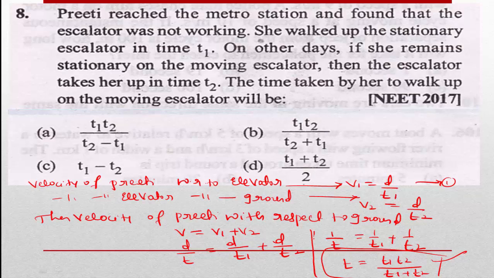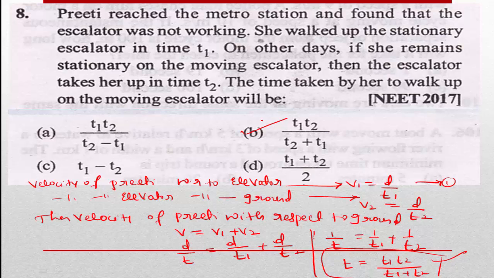When we substitute the values, we can calculate the time. Here for this question, the exact answer is T1 into T2 divided by T2 plus T1, or T1 plus T2, both are the same. Option B is the right answer for this question.